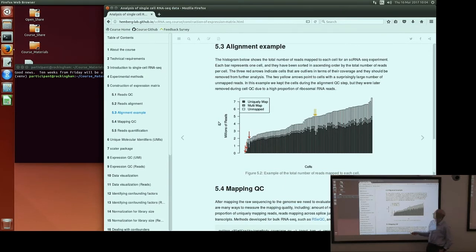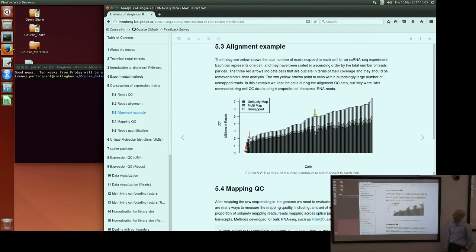We noticed that we have 2 funny-looking cells here, where for some reason you have about the median number of reads in total, but about 500,000 or 1 million fewer uniquely mapped reads than you'd expect compared to how all the other cells are behaving.